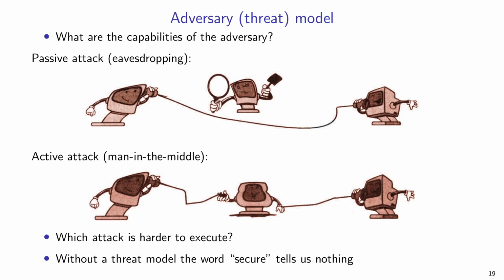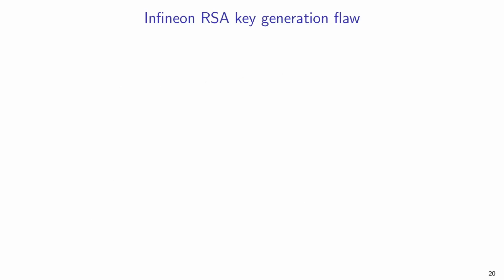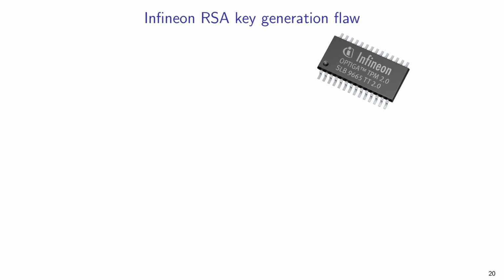Now, let's come back to the RSA topic. Let's look at the Infineon RSA key generation flaw, which is a good example of what can go wrong if an RSA key is not generated according to standards. Now, what is Infineon? Infineon is a huge semiconductor manufacturing company in Germany.